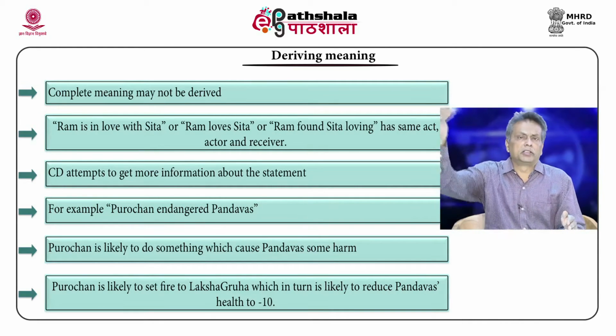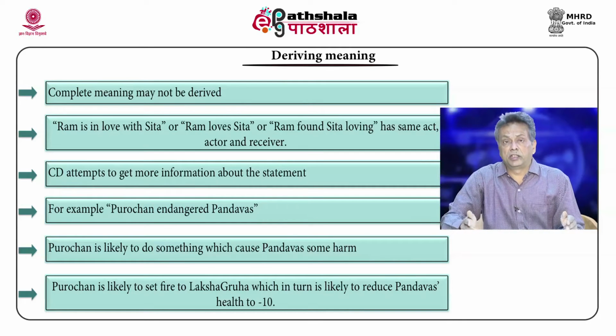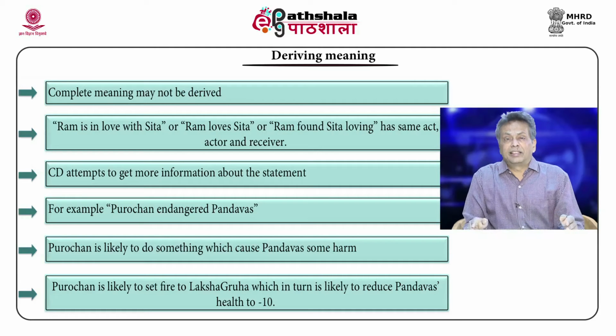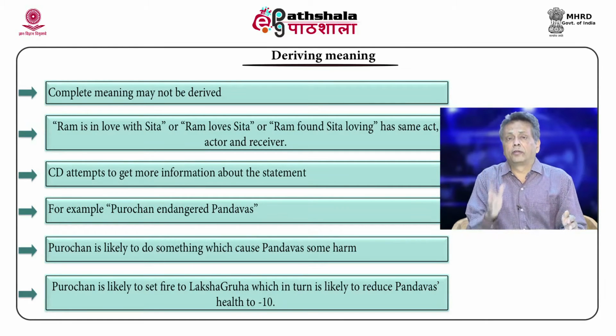This is very similar to what we saw in the beginning when we discussed the static evaluation function. There are many variables used, and their values are between -10 and 10, where 10 is the maximum and -10 is the minimum value. So, when you say health equal to -10, the person is dead; health equal to 5, then he is happy; health equal to 10, then he is ecstatic. That is the kind of representation that is possible using CD.